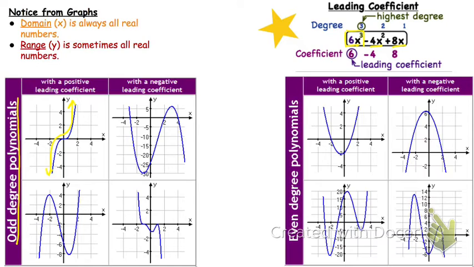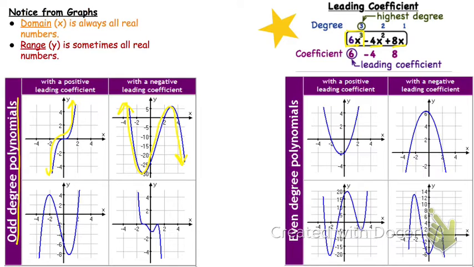Or this one is starting at +infinity, curving, but ultimately going down towards -infinity. So if the degree is odd, that means you're starting from one direction and you're going up to the other direction.